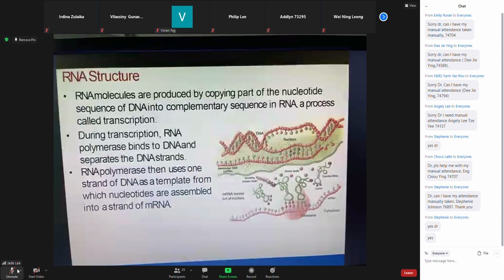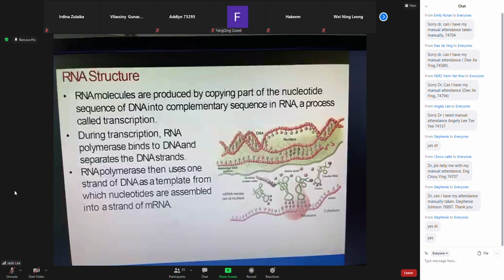That one is transcription, right? Transcription becomes mRNA. But for translation, where does it take place? In the ribosome, right, doctor? Where is the ribosome? Endoplasmic reticulum, rough endoplasmic reticulum. Where is the ER? Cytoplasm. Right?